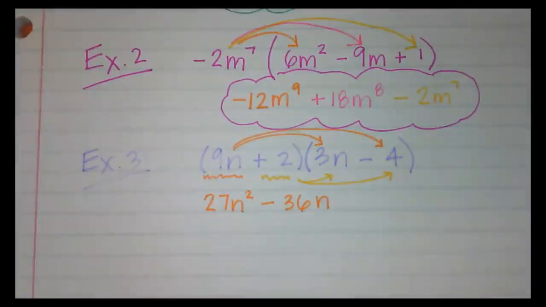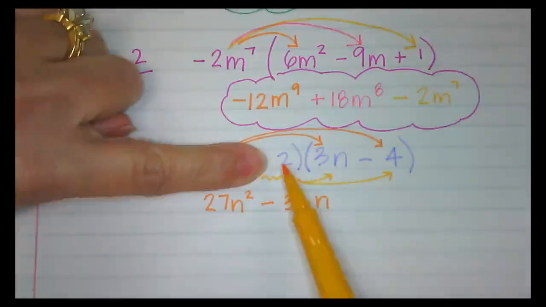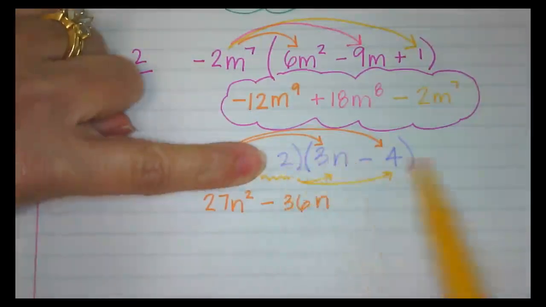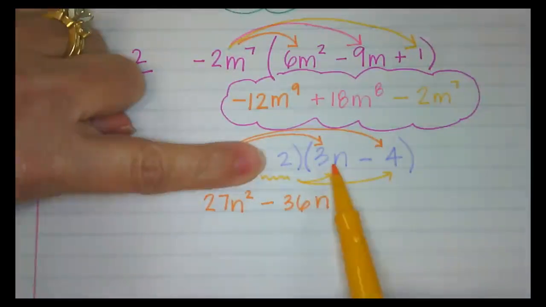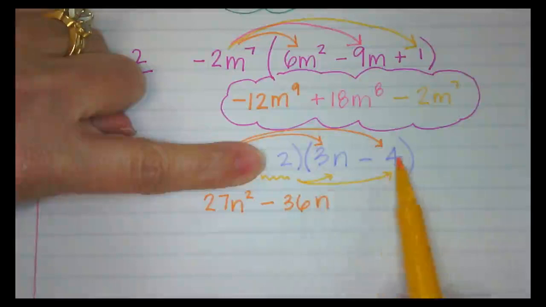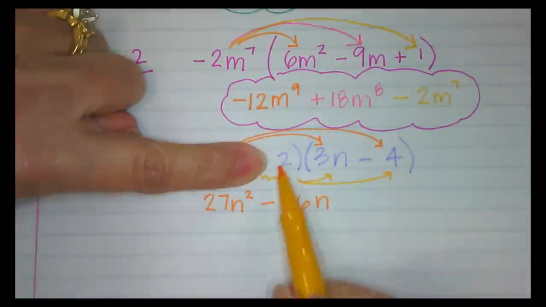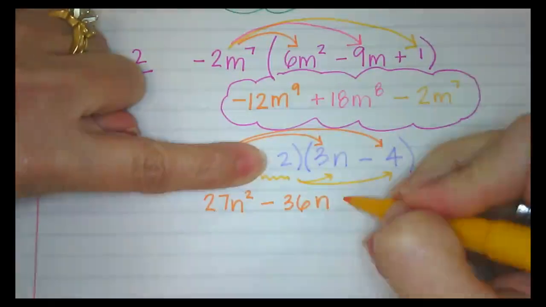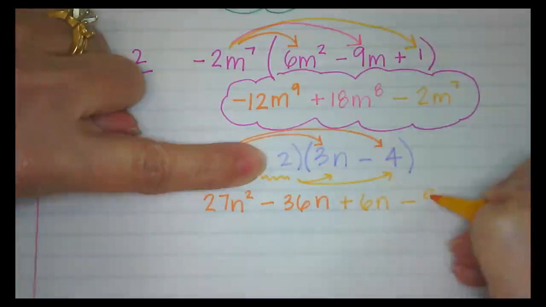Now, I'm going to cover this up, and now I need to distribute 2 to the 3n minus 4. So that means I need to multiply 2 to 3n and then 2 to negative 4. So when I do that, I'm going to get 6n minus 8. So a positive 6n minus 8.